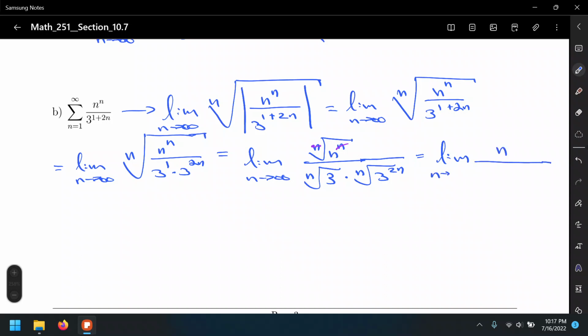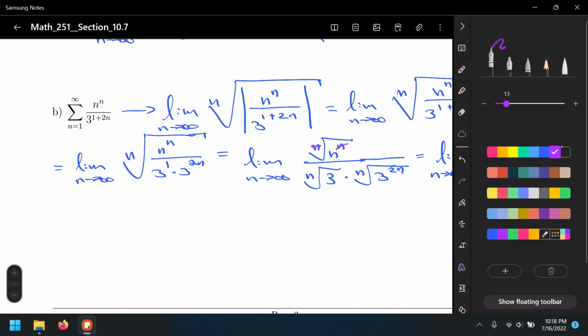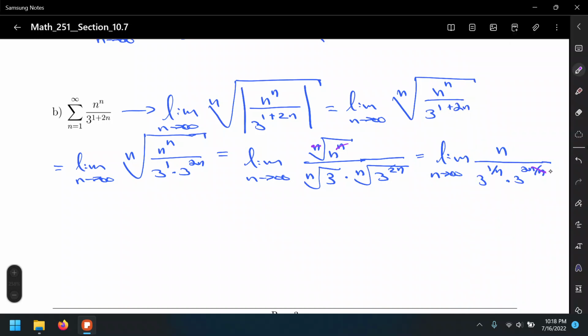over the nth root of 3, that's the same as 3 to the 1 over n. Recall that the denominator of the rational exponent is the same as the index of the radical, and the same happens here. So that's times 3 to the 2n over n, and in this case, see how the n's cancel.